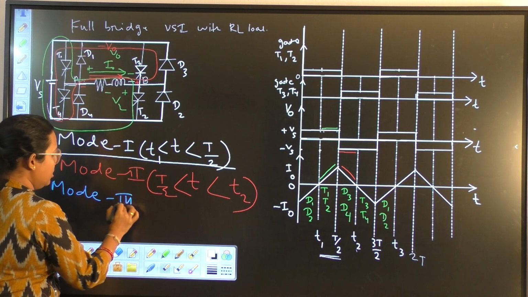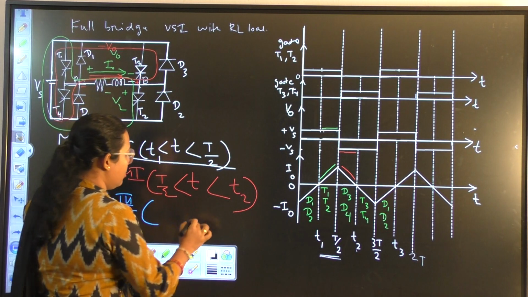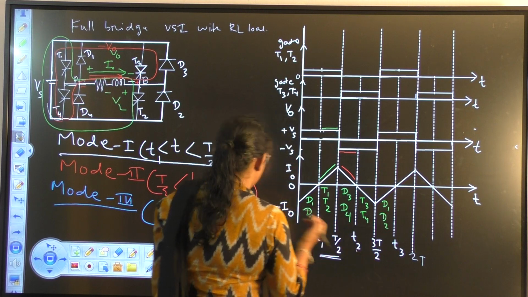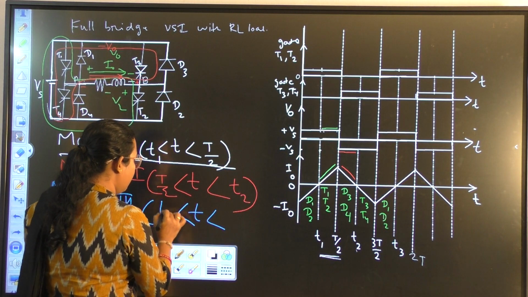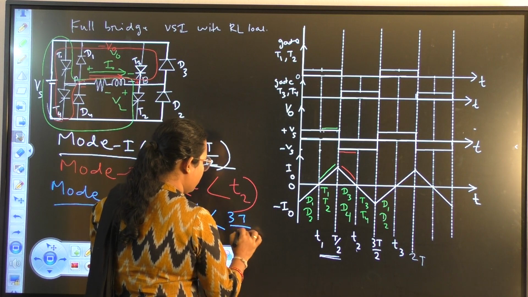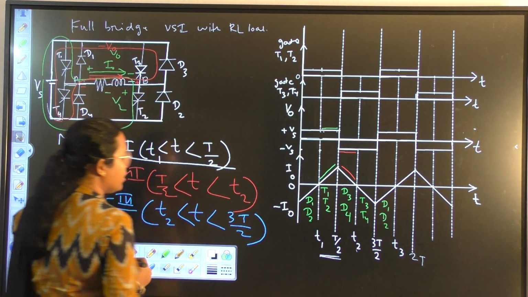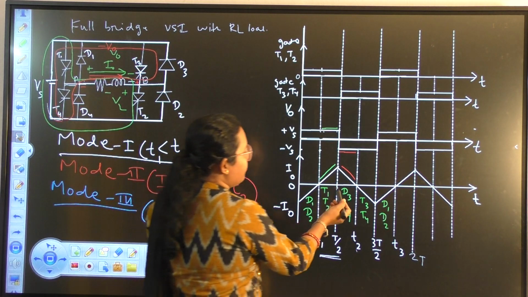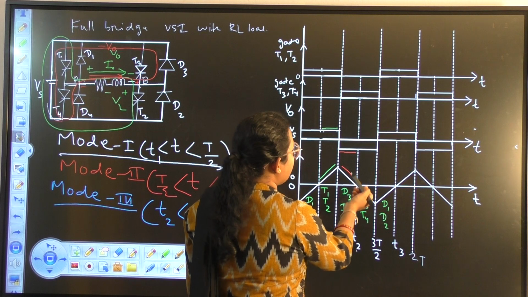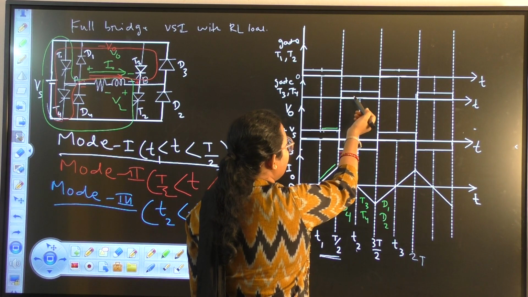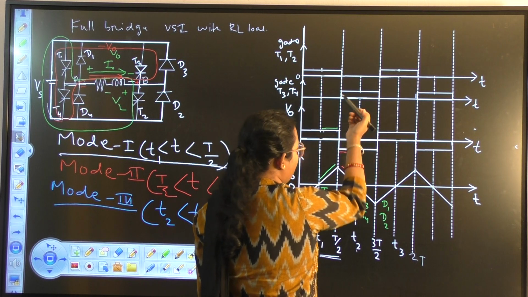Mode 3 operation is T greater than T2 and less than 3T by 2. When diodes D3, D4 were conducting, T1, T2 were off and T3, T4 were triggered.